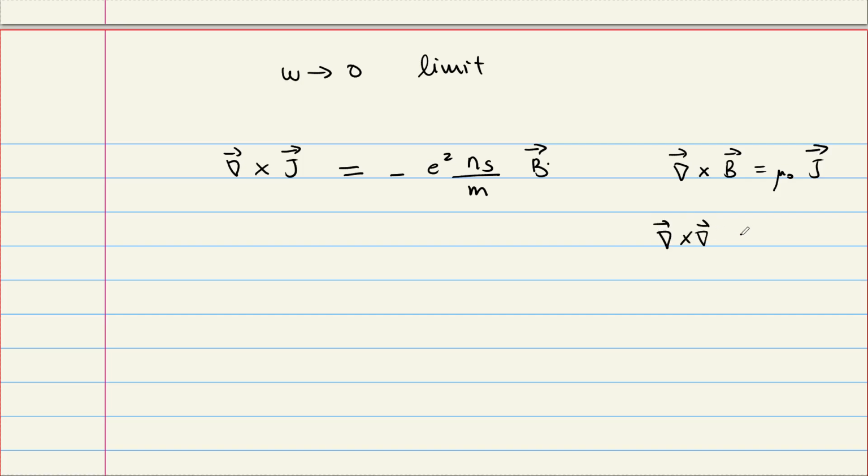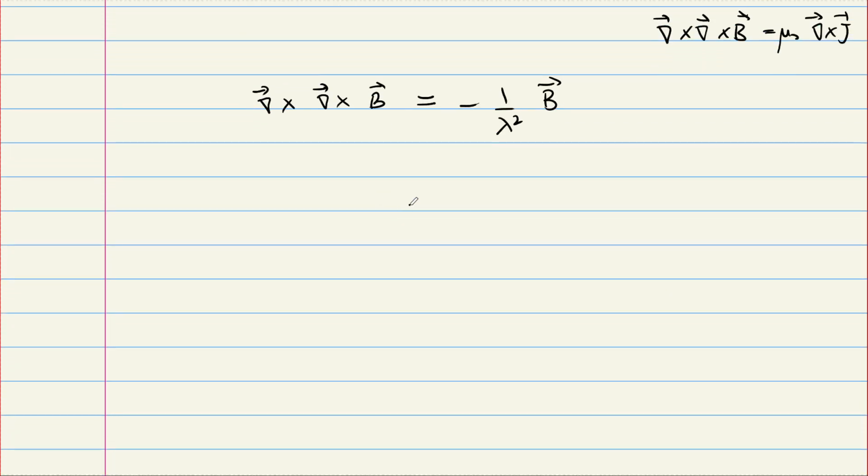Curl of B is equal to mu zero curl of j, and curl of j from this equation is minus B. Then what I find is curl of curl B is equal to something like minus, let me define this, lambda squared B, and lambda squared is, actually let me write lambda is root of m over e squared n_s mu zero.